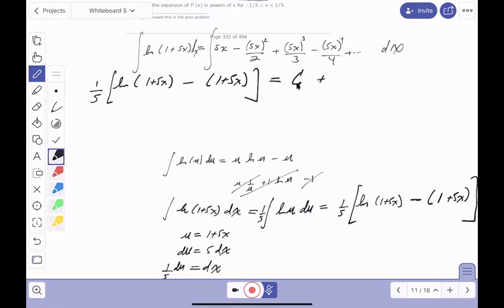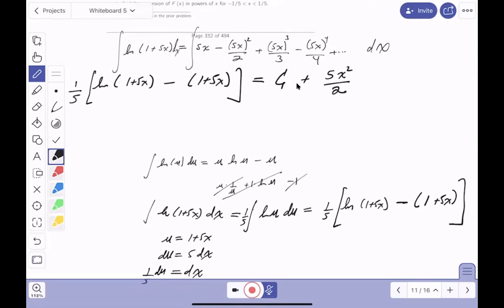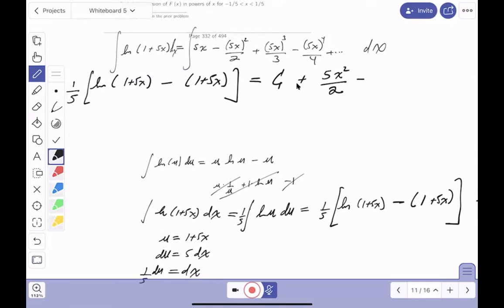So it's going to be 5x squared over 2 minus 5 squared x cubed over, again, I just did this one, 2 times 3, right? I'm going to just put a 1 over here.